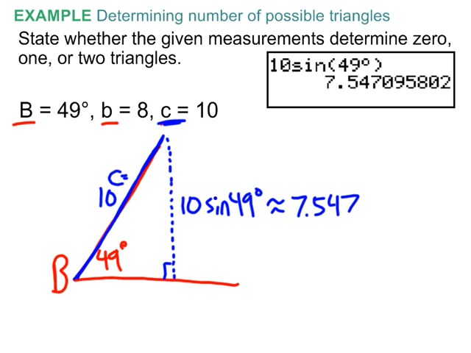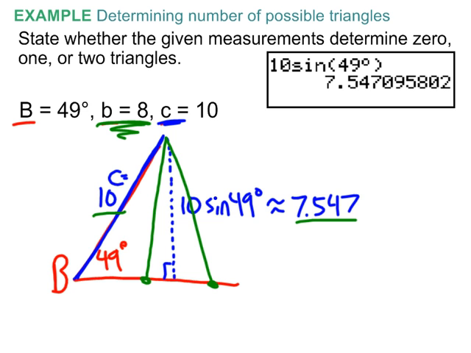And then you very clearly see that if little b, which is across from big B, is a length of 8, it's bigger than this, but less than this. So little b is between those two values that are underlined in green. Therefore, it could either swing to this side or it could swing to this side, and we have the ambiguous case.